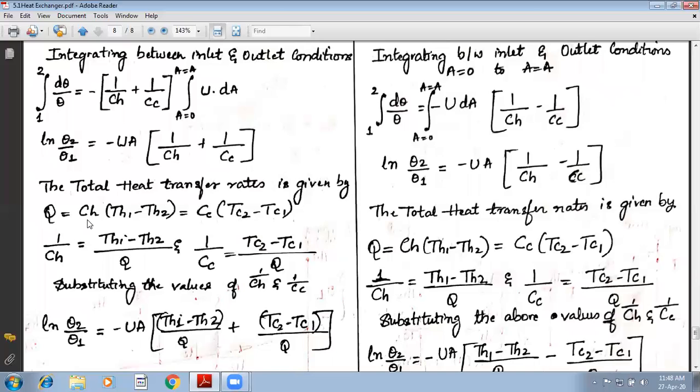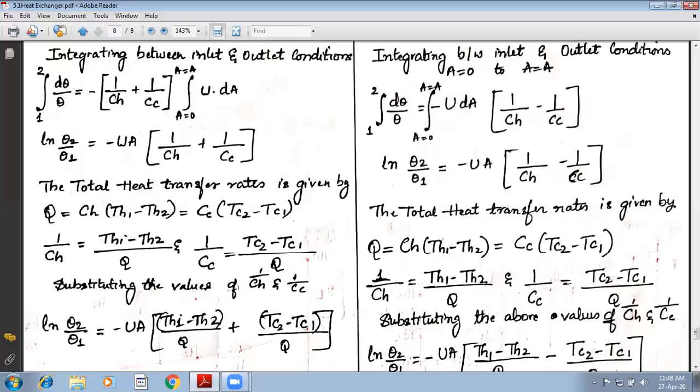Now out of this, if you take the expression for 1 over CH and 1 over CC, 1 over CH is nothing but TH1 minus TH2 upon Q, and 1 upon CC is nothing but TC2 minus TC1 upon Q. Because we have equated both to Q, 1 over CH is this upon Q, and 1 over CC is this temperature difference upon Q.